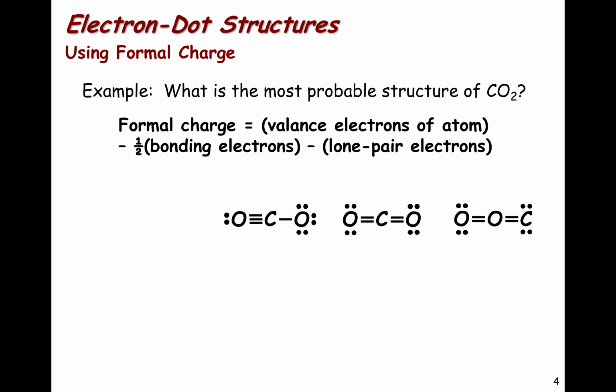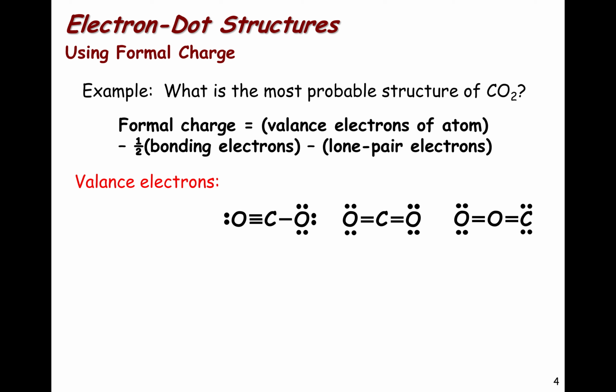In our formula for calculating formal charge, again, we need to know the number of valence electrons for a particular atom. We're going to subtract away half of the bonding electrons for that atom, and then subtract away the number of lone pair electrons for that atom.